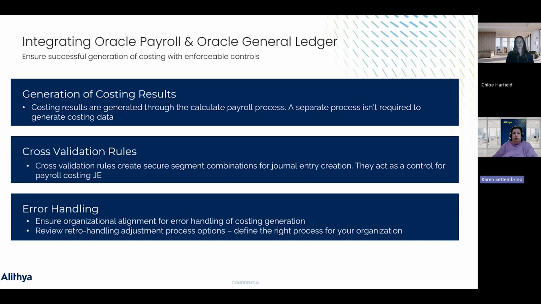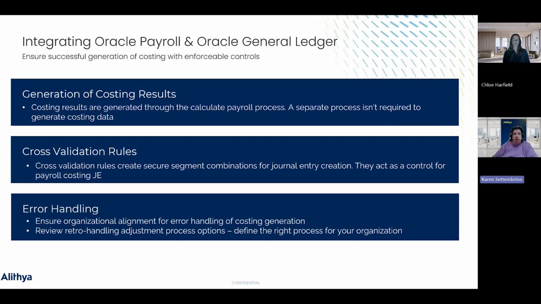There are such things also as cross-validation rules. So an example of what a cross-validation rule may be is if you have deductions such as federal income tax or Social Security from an employee, or Medicare from an employee's pay, or you have an involuntary deduction like a garnishment, or a voluntary deduction like union dues, or even a pre-tax deduction.